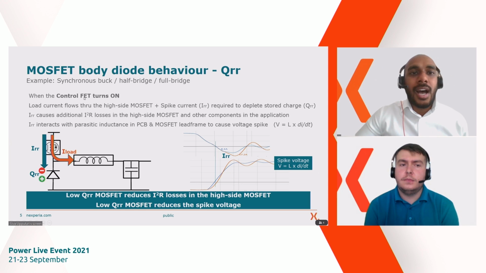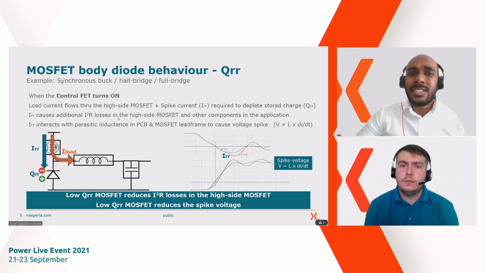So when the high side MOSFET comes on at the start of the next cycle, instead of the body diode blocking straight away, it will need to flush out the stored charge. This stored charge is removed in the form of a spike current, which obviously results in I²R losses in the high side MOSFET and other components in the circuit.